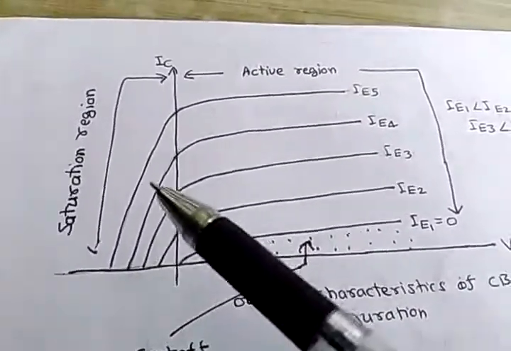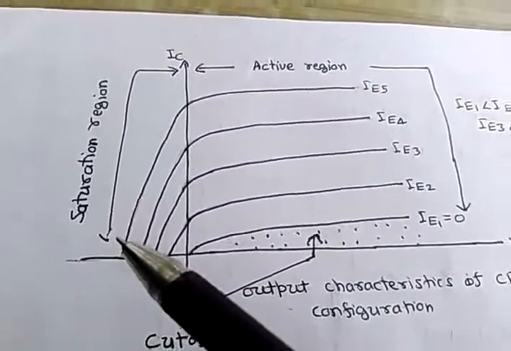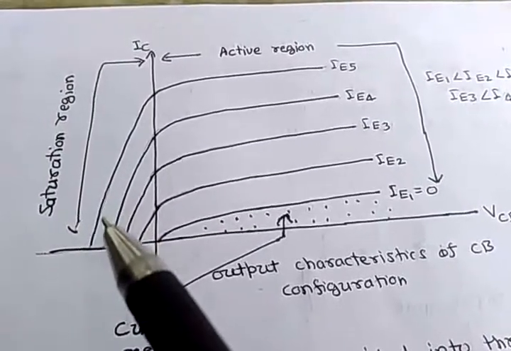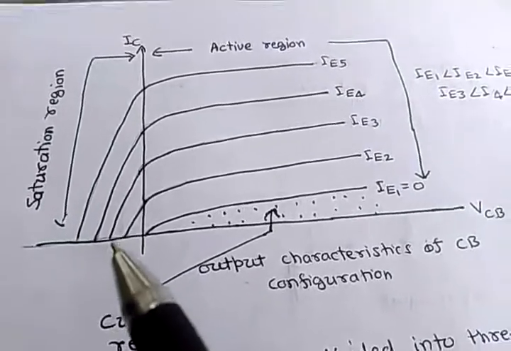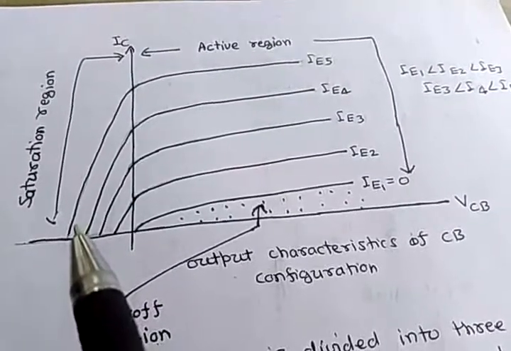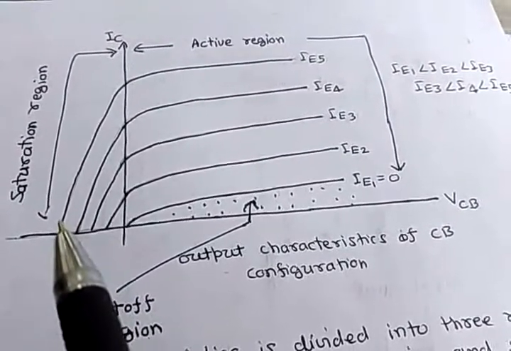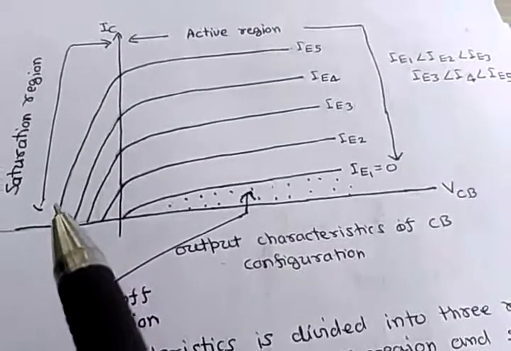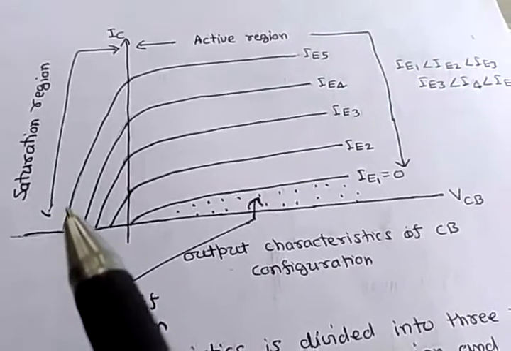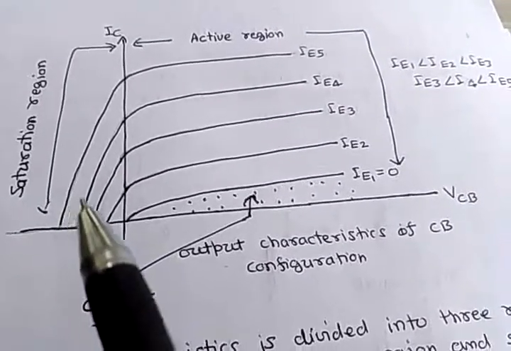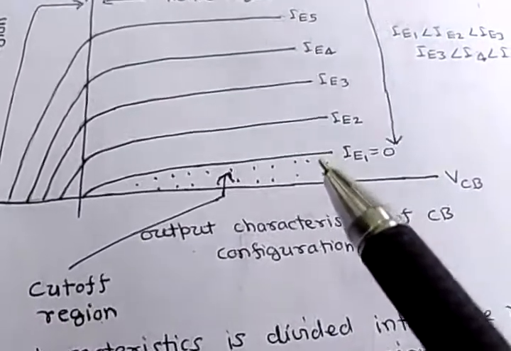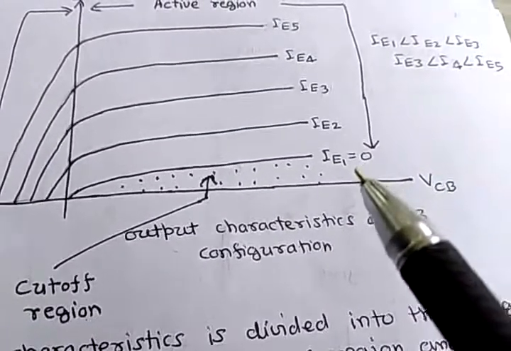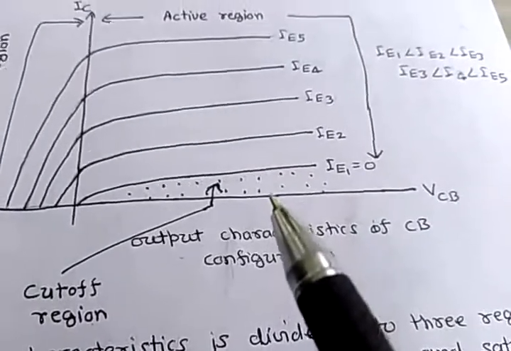In the saturation region, where the emitter base junction and collector base junction are both forward biased, if we change the collector to base voltage by a small amount, there is a large change in the collector current. So in the saturation region, the output resistance is very small, and the curve below the emitter current equals 0 is known as the cutoff region.